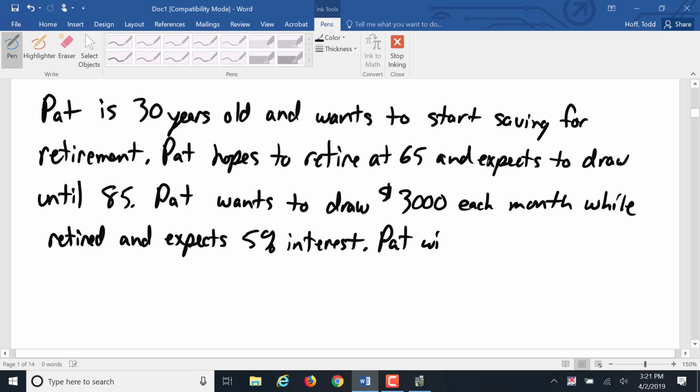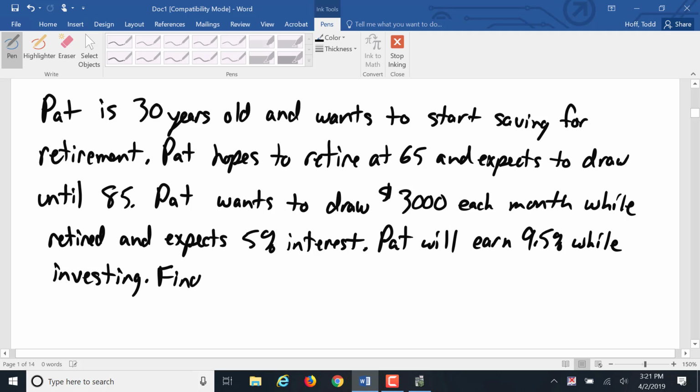Pat will earn 9.5% while investing. So during the accumulation phase, Pat's going to get that 9.5%. So I want to find the amount Pat should invest each month.